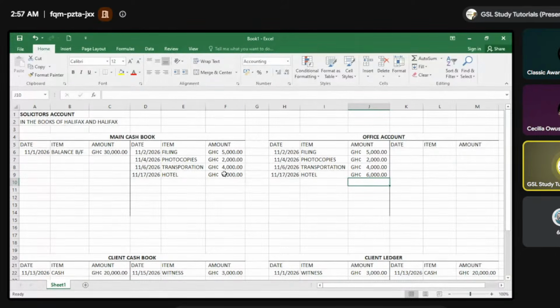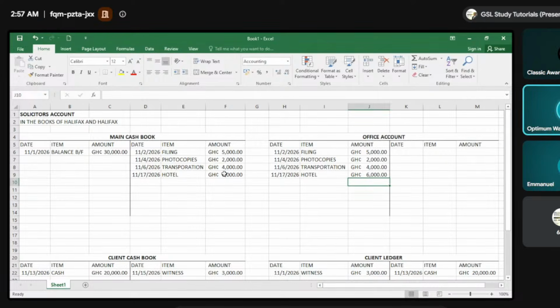My lady, help us with November 24. November 24. The senior partner had discussions for 3 hours with Madam Fati and sent an invoice of 500 Ghana cedis per hour to Madam Fati. Pause. My people, what is this transaction relating to?